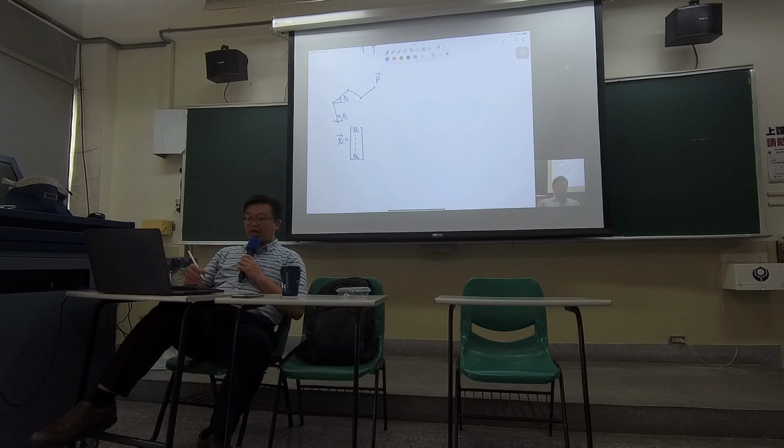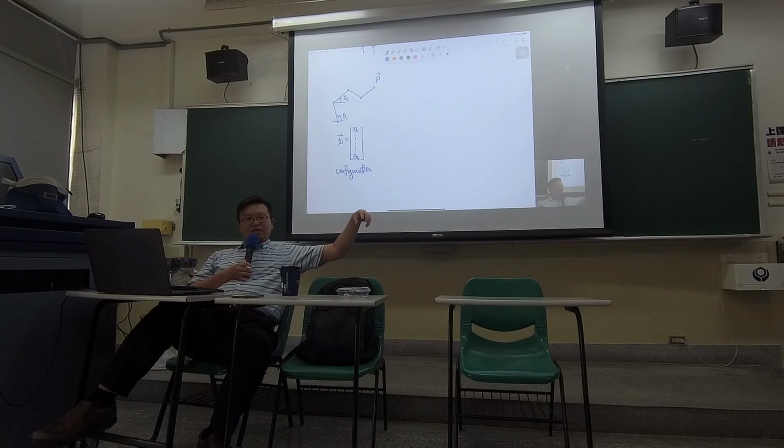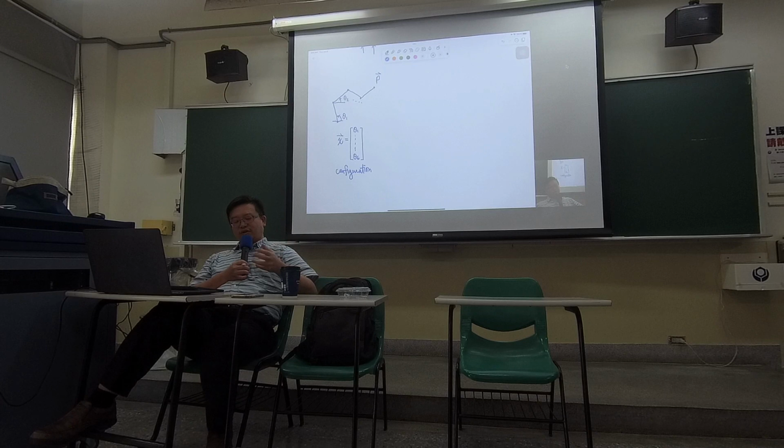And I'm going to call this a configuration, because every position a robot stops at, you can call a configuration. That configuration is defined by the collection of joint angles, okay?